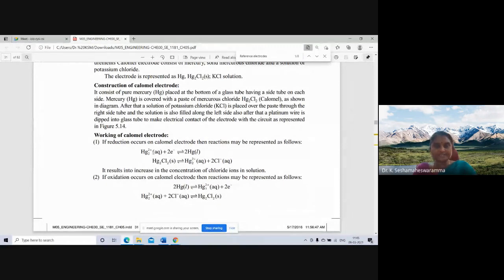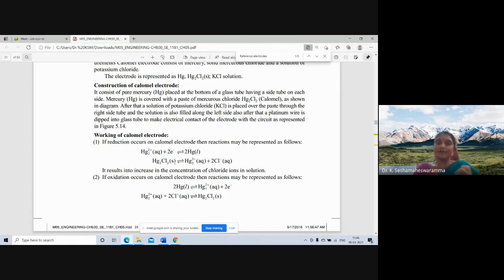Hg2 2+ in aqueous solution took electrons and converted into mercury liquid.